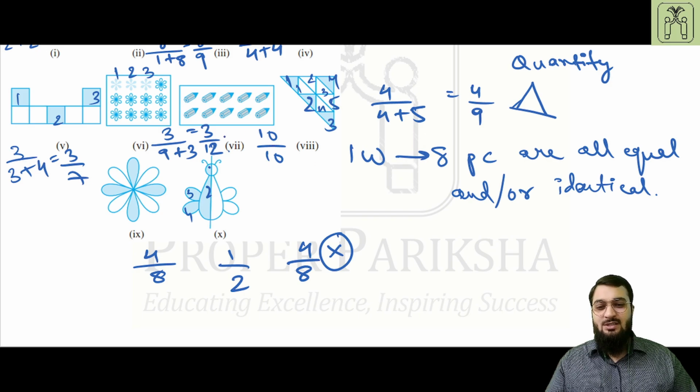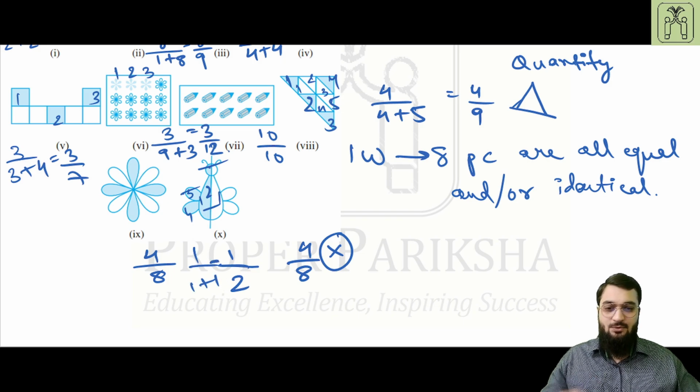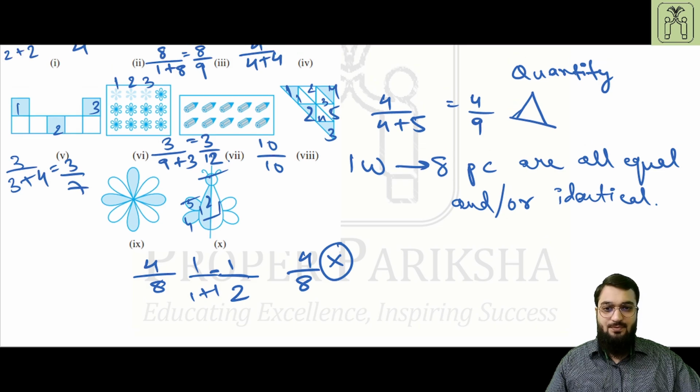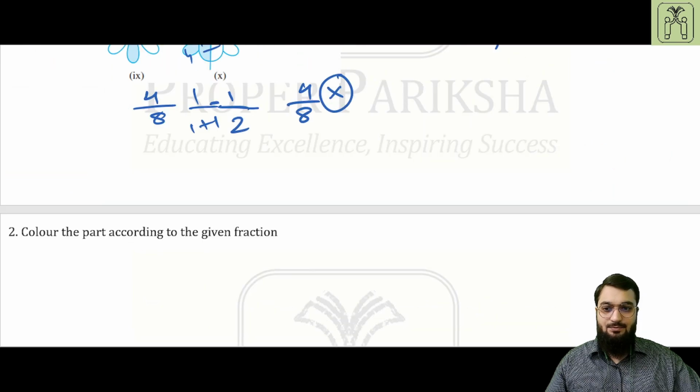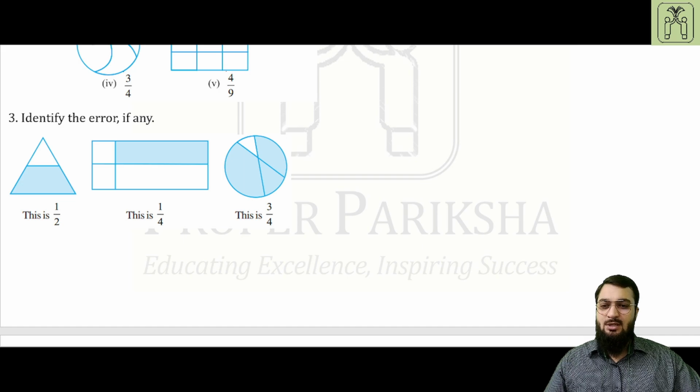Since this part is different, this part is different, and this part is different, we take all four as one single part and divide it by the other, that is 1 upon 1 plus 1. Therefore it will be 1 upon 2. Coming to the next question, question 2 is: color the part.